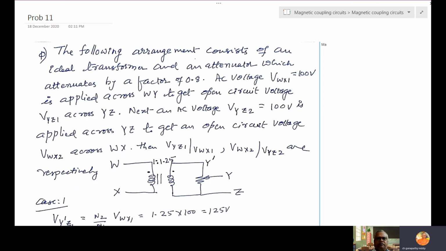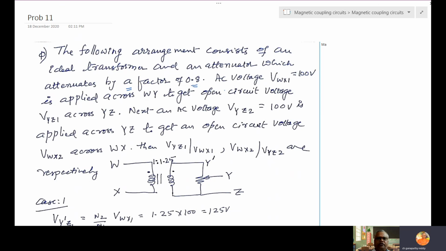The following arrangement consists of an ideal transformer and an attenuator. Here there is an attenuator which attenuates by a factor of 0.8.